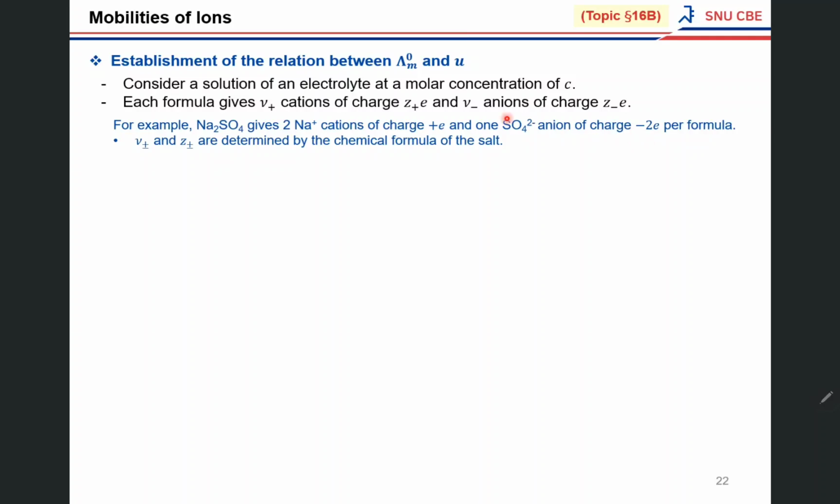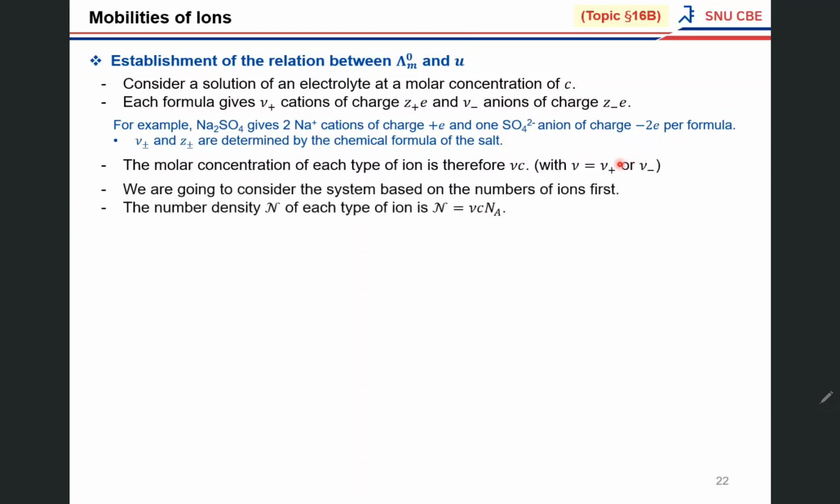The values of nu and Z are determined by the chemical formula of the salt, and the molar concentration of each type of ion can be written as the product of nu multiplied by C, where nu can be nu plus or nu minus.